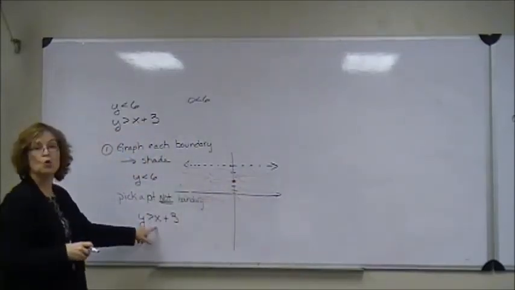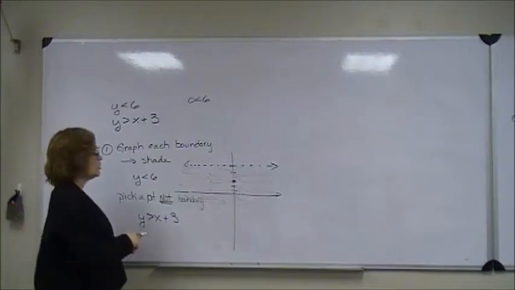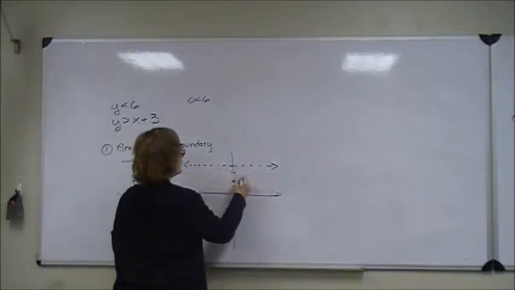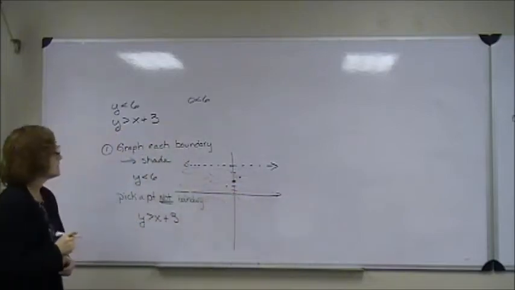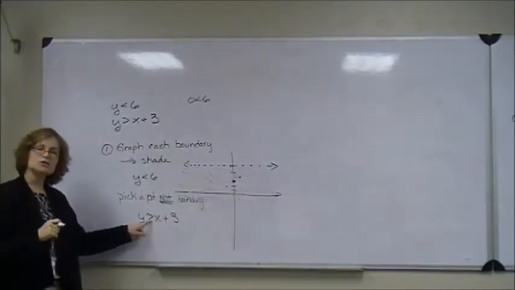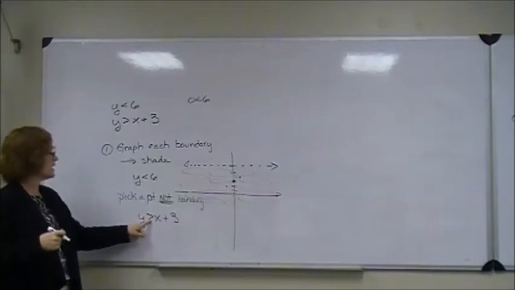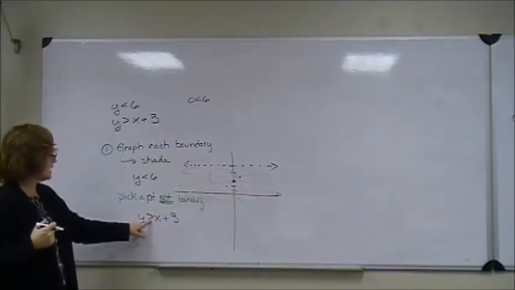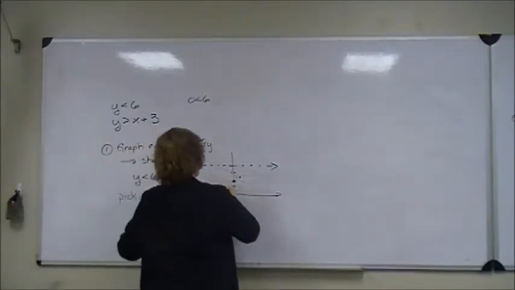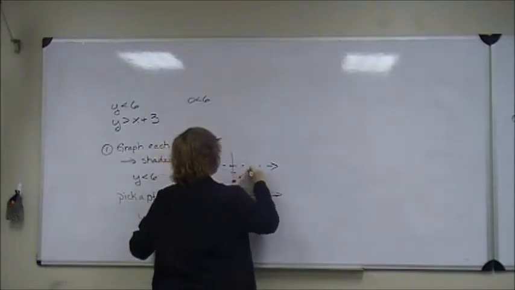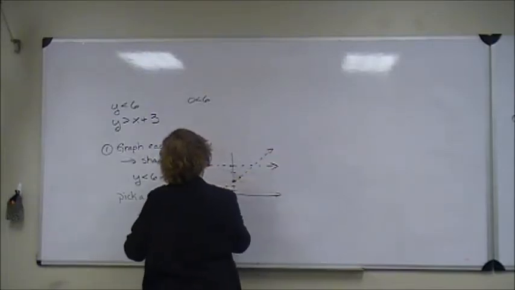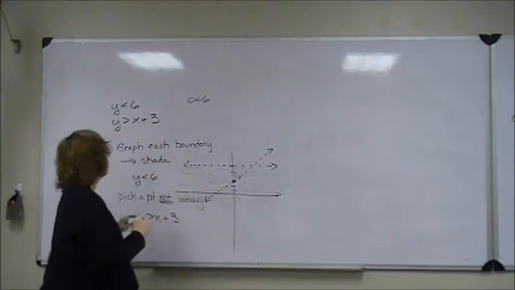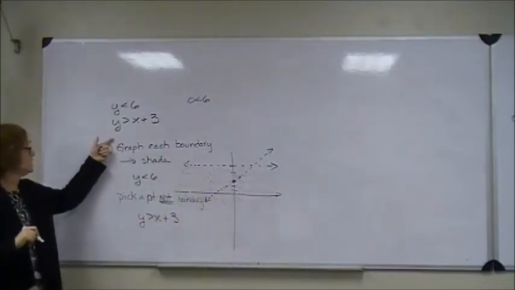And then I move my slope. And my slope is 1, so I'll go up 1 over 1. Or I can go down 1 over 1, either way. This boundary is also dotted because it doesn't have the equal sign. So I'm going to go ahead and I'm going to connect my dots. So I've graphed that boundary.